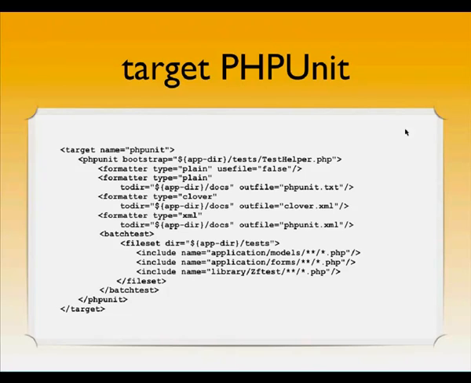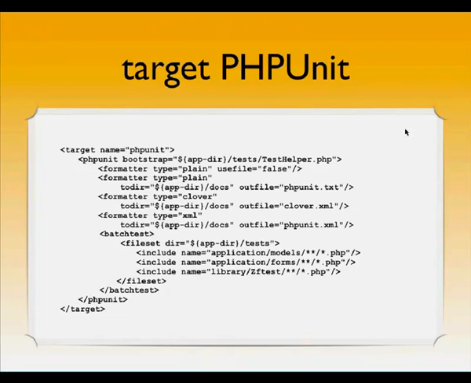Most of the time I just add that in my PHPUnit XML file, but you can also add it here and have PHPUnit being executed over things and generate those reports automatically.